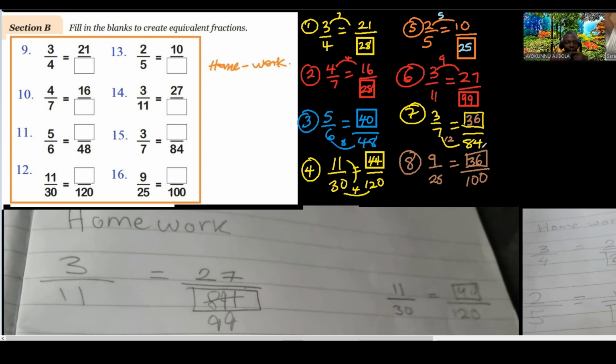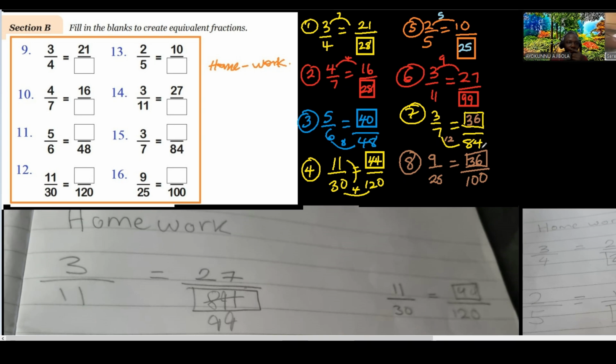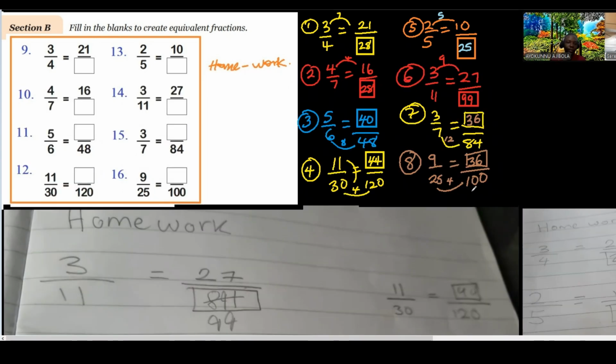Because I just discovered what 9 times something equals 36. Okay, I think what you wanted to say was 25 times 4 gives us 100, right? And that 4 times 9 gives us 36.